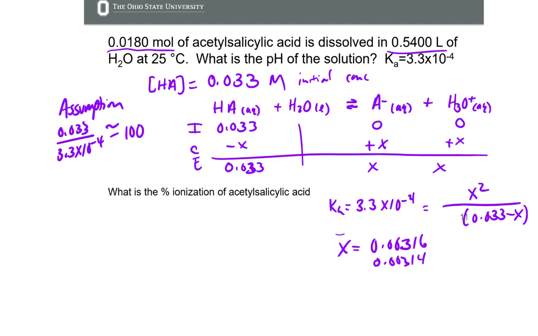So if we look at what we have inside here, if we were to not have subtracted 0.00314, we would be within this digit of significance, which is why we can't ignore that X value. Those are going to be the concentrations of A minus and H3O plus.